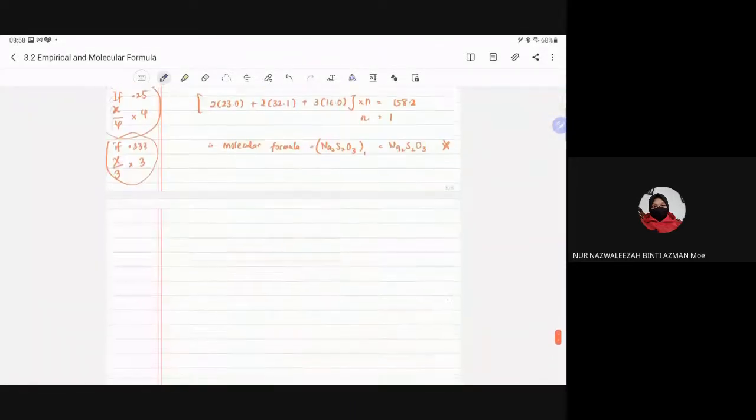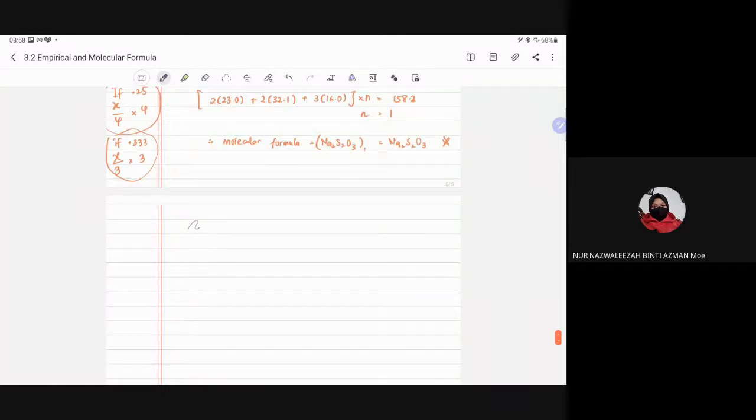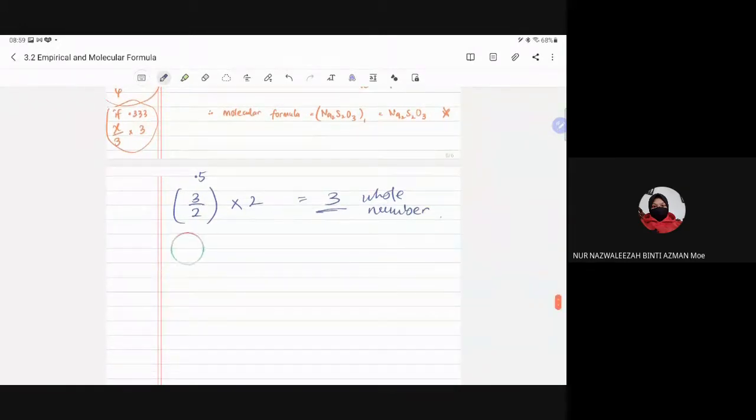So let's say kita ada 3/2, so this is 0.5 punya decimal. So we multiply by 2, kita akan dapat 3 whole number. Kalau kita letak contohnya kan, kita punya decimal point 0.25.